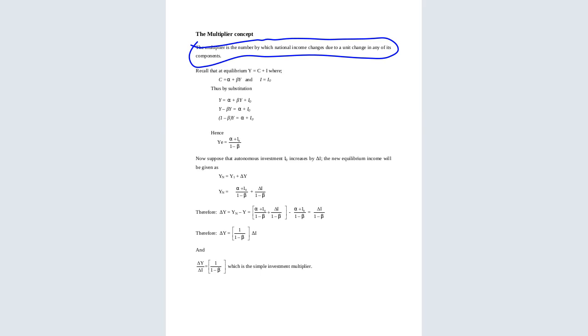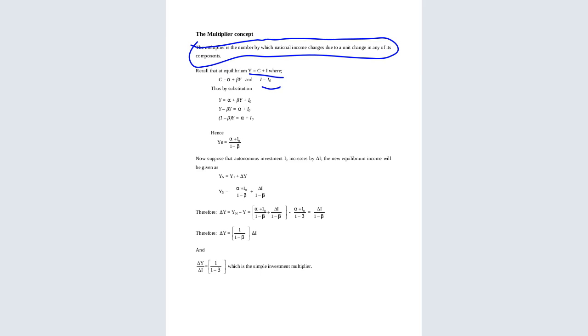Now we said that at equilibrium, the income is equal to what? To consumption plus investment. We have consumption given as A plus beta Y, and of course we have investment, which is the autonomous investment.